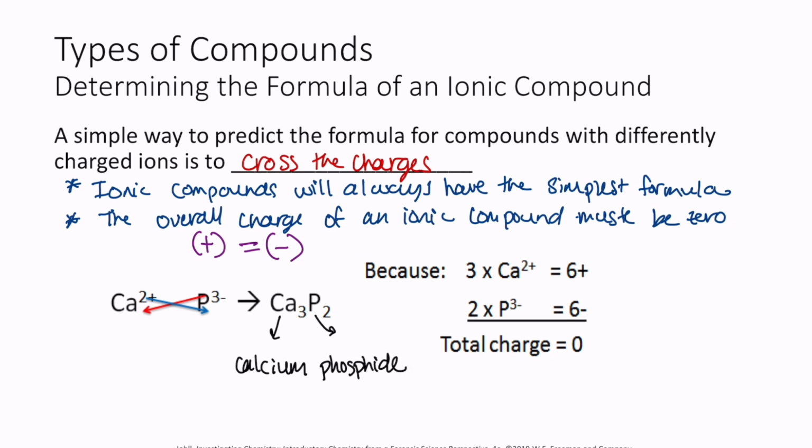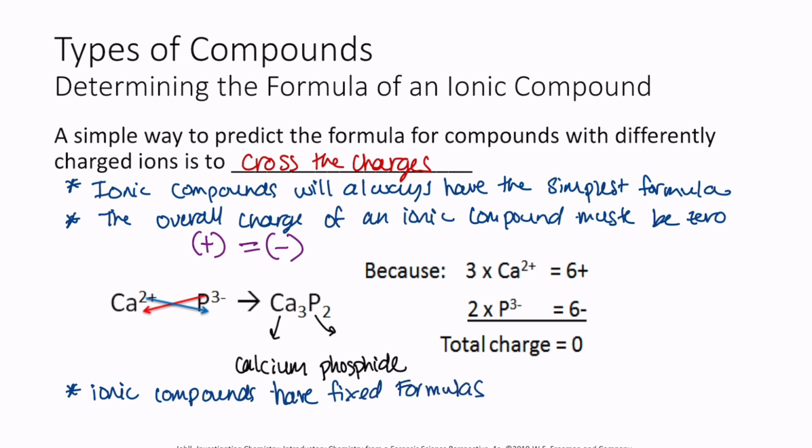There we go. Now, the big difference between covalent and ionic compounds with naming it, notice I didn't indicate how many of each atom I have. So ionic compounds have what are called fixed formulas.